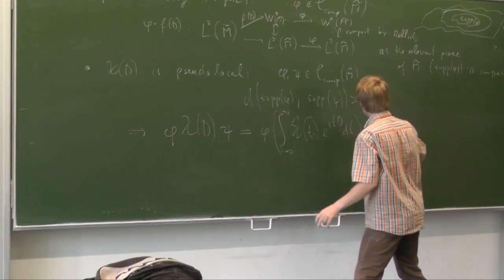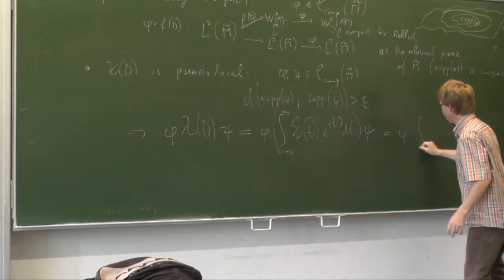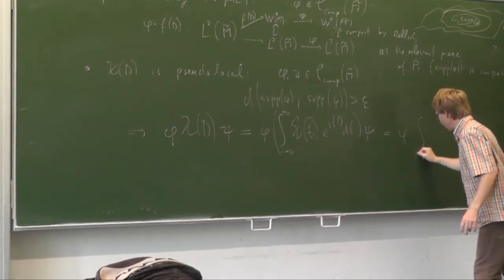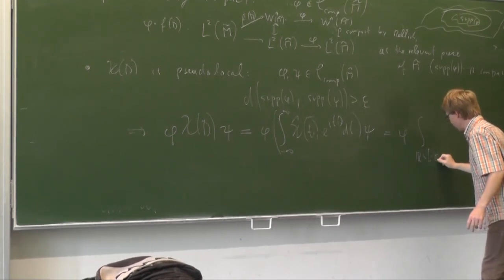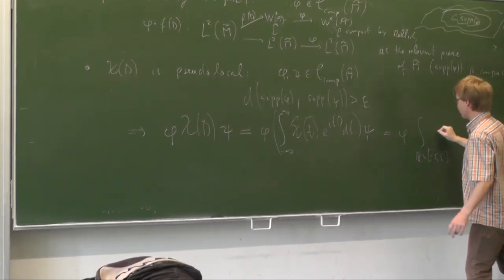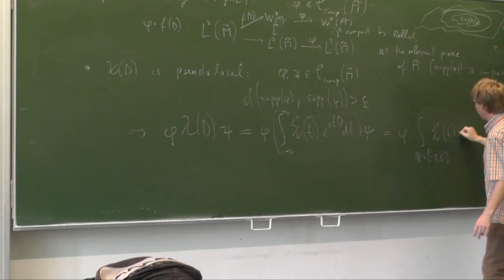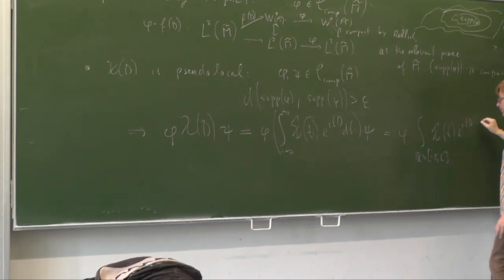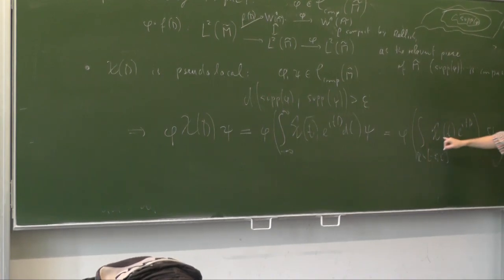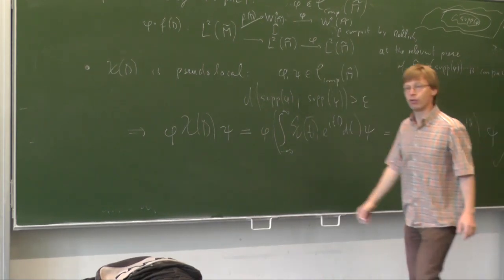So this is the same as phi times the integral over everything except for this integral from minus epsilon to epsilon, times psi. And that's okay, because now the singularity is gone and it looks exactly like an f of t hat function. Okay? So the argument we did before works.